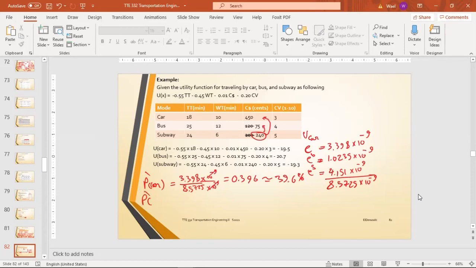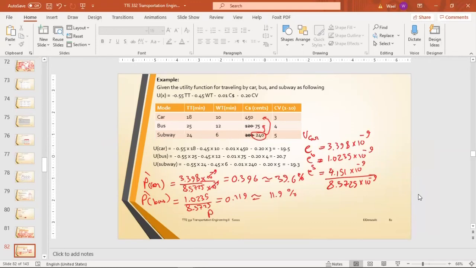So P dash for bus equals 1.0235 divided by 8.5725 equals 0.119. That means 11.9%. Okay, there is a change, but not that much.